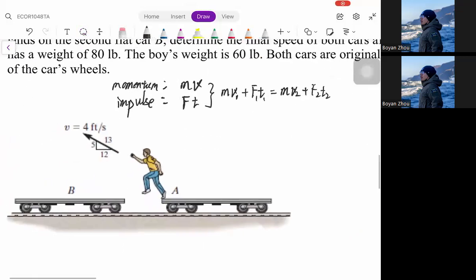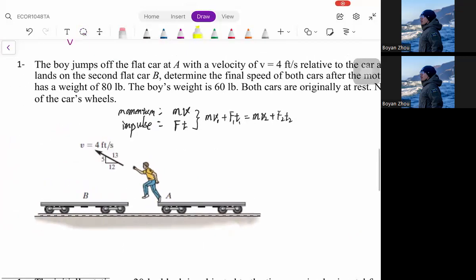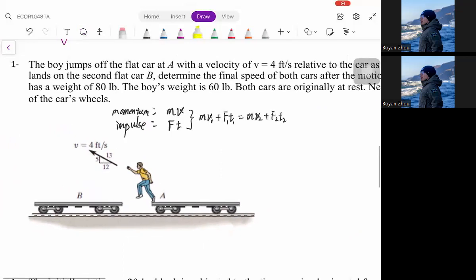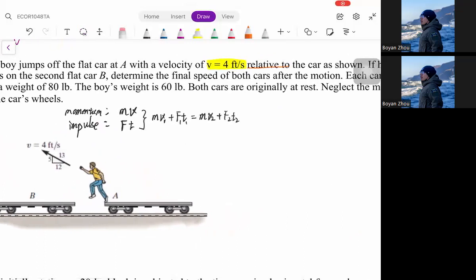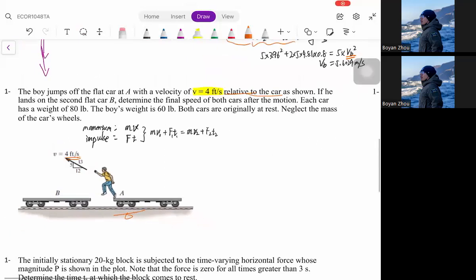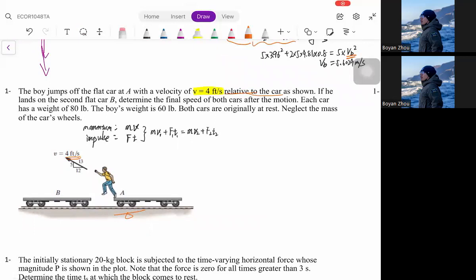So let's take a look at this question. The boy jumps off the flat car at A with a velocity of 4 feet per second relative to the car. This one is important: the 4 feet per second is relative to the car, but not the ground. He's going to land on the second flat car B, jumping from the first car towards the second.